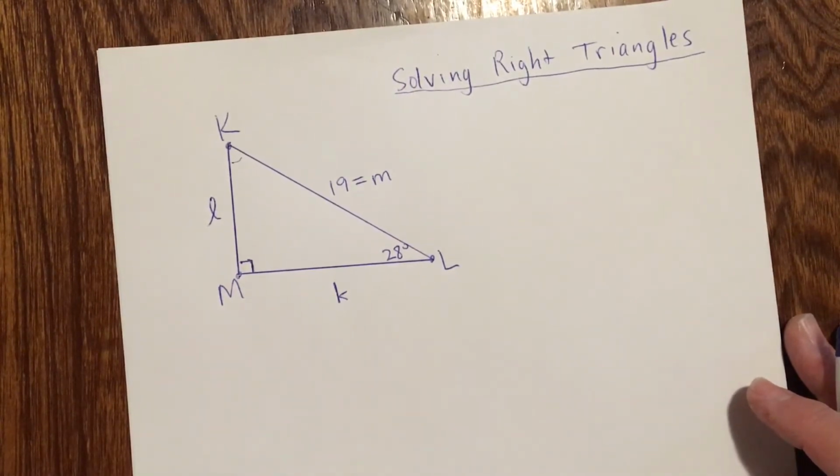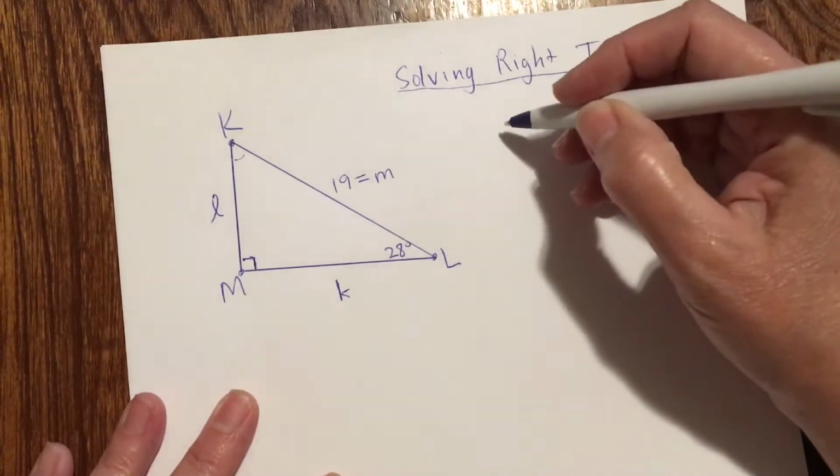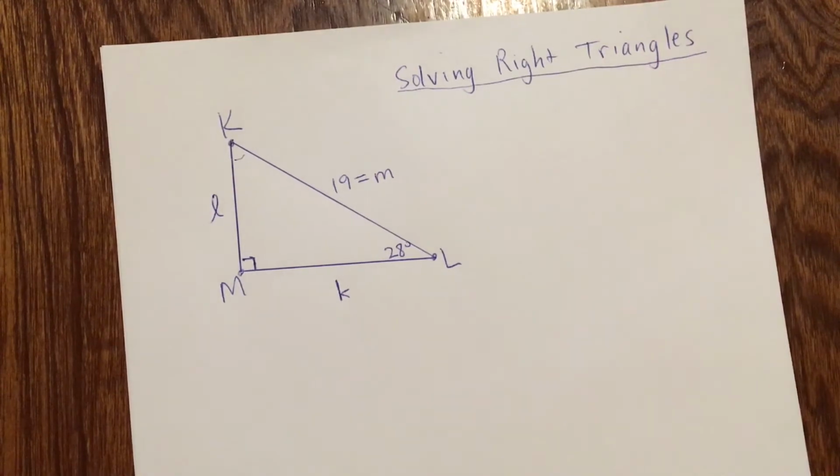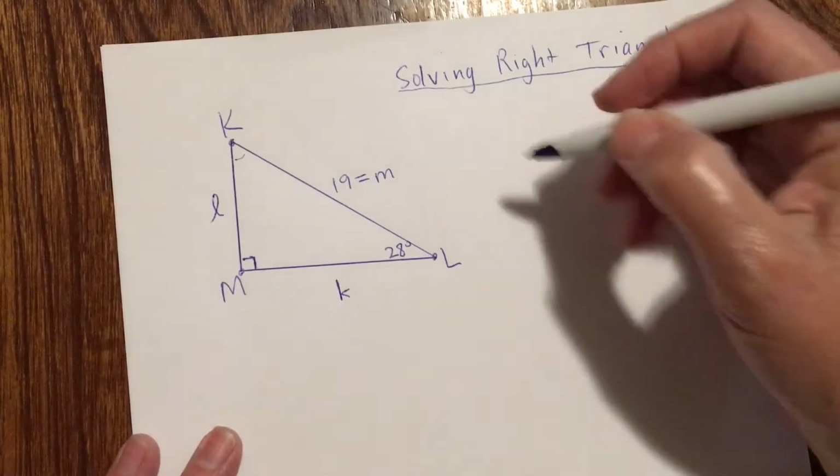They have given me 3 of the 6 pieces of information in this triangle. Triangles have 6 measures: the length of each of the sides and the measure of each of the angles, and there are 3 of each.